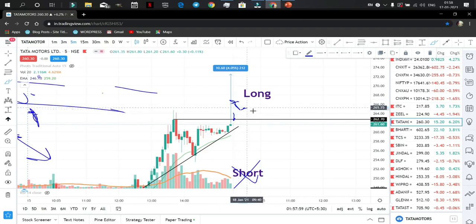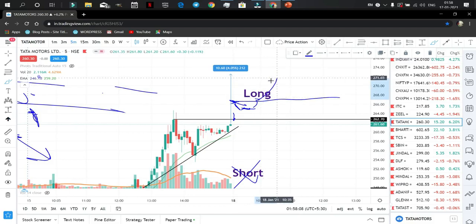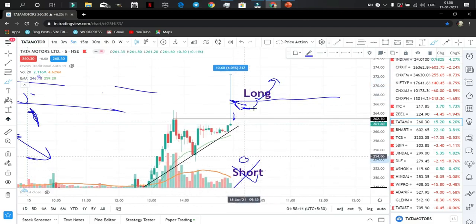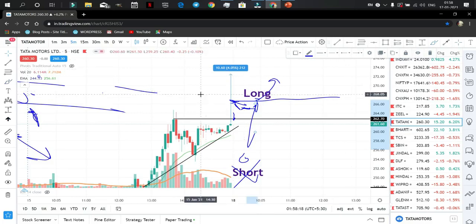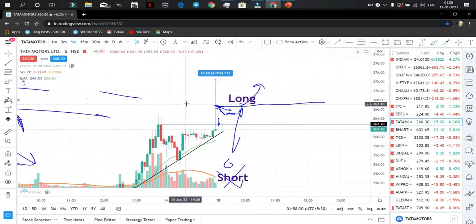It sustains this level, and then I'll draw a level like this, and if it breaks this level, then I can take a long trade in this, provided that there is some sort of volume during the breakout. So that's my game plan for Monday and Tuesday, and let's see how that holds on.